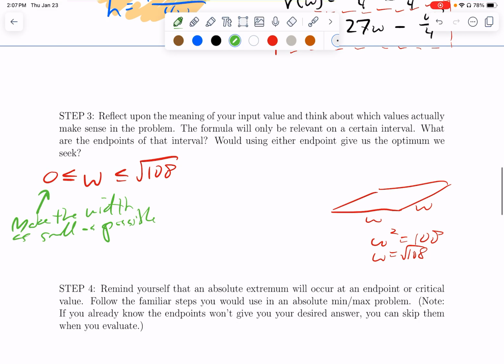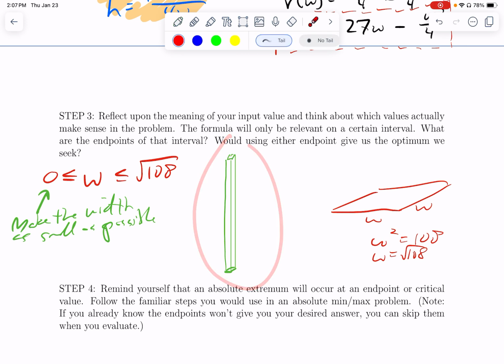I'm going to draw a picture and delete it. W is super duper microscopic, possibly even zero, and then we have this really, really tall box. If one dimension gets smaller, the others get bigger. This thing is super duper skinny. It's not going to have a lot of volume.